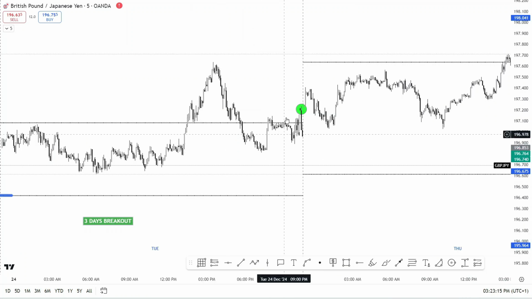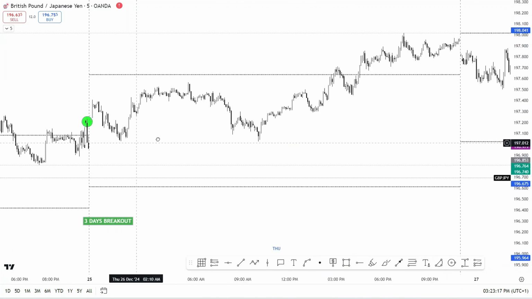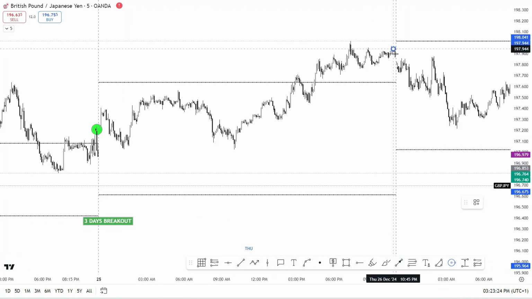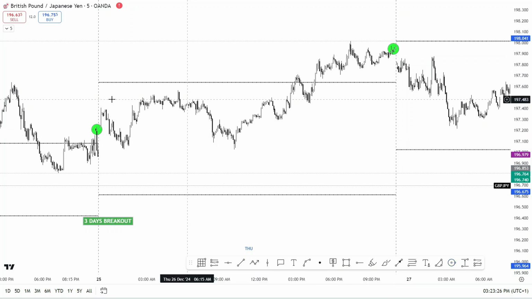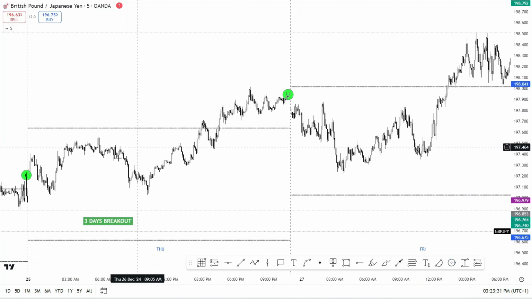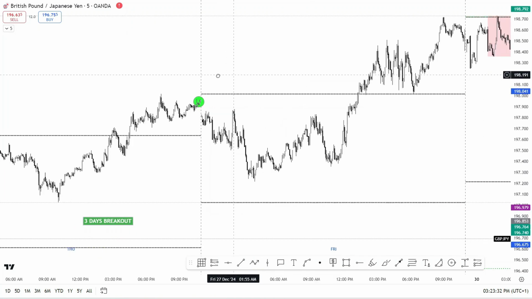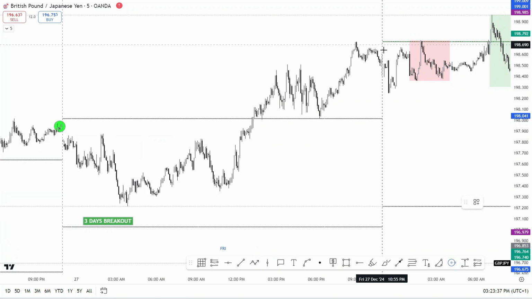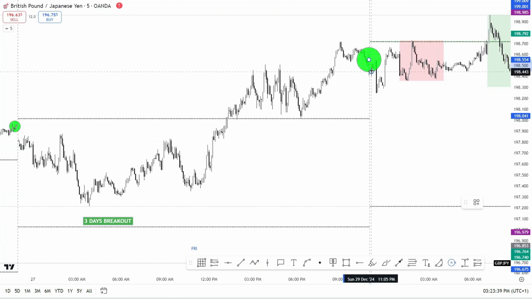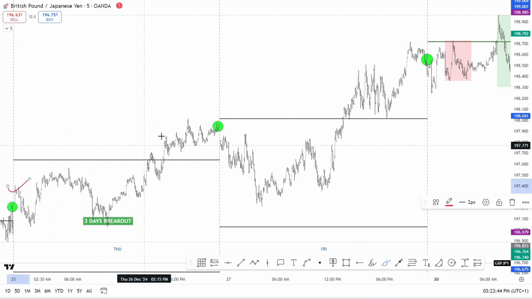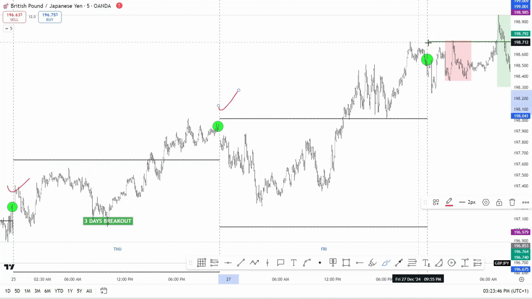So price came in, closed above it, and Tuesday opened, closed above, you see, broke previous day's high and closed above it. So that's how many days breakout now? 2 days breakout. So wait for the 3rd day. The 3rd day breakout. This is the 3rd day breakout. So we have 1, we have 2, and we have 3.